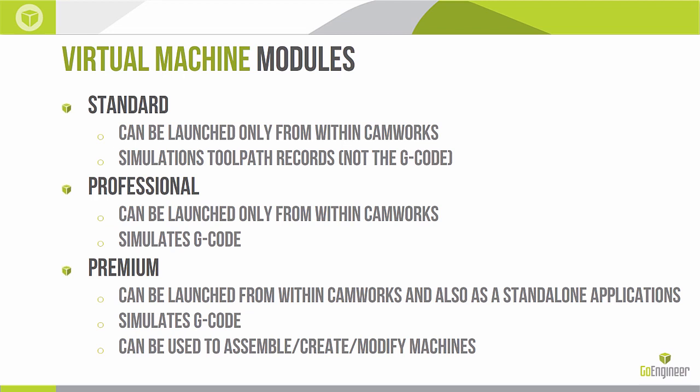On top of acting as a standalone application, it also gives the user full ability to create their own machine models. Typically for our professional customers, we at GoEngineer coordinate and work with the customer to build the machine models that are necessary to make use of this machine simulator.